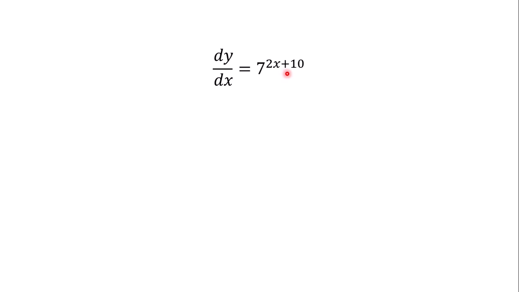So our something in that integral was 7 raised to the power 2x plus 10, and we had this divided by 2 ln 7, and we said that we have to get our something back. What is that something? This. So what should we do? We differentiate, and at the end of the day we have gotten it back. That is dy over dx equals 7 raised to the power 2x plus 10.